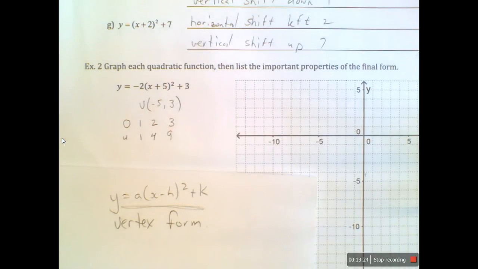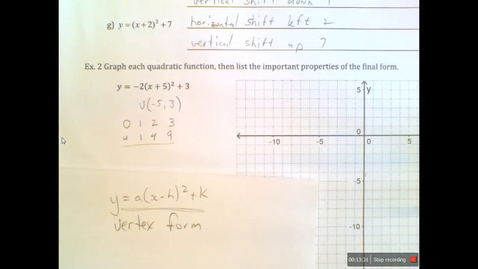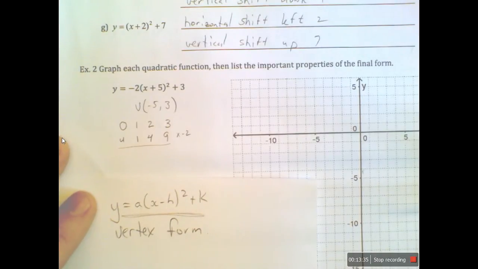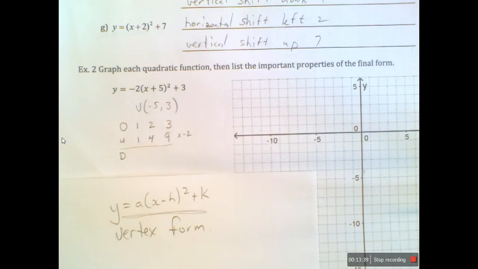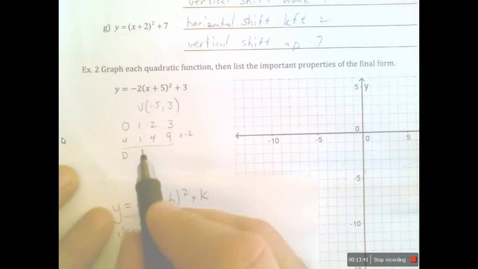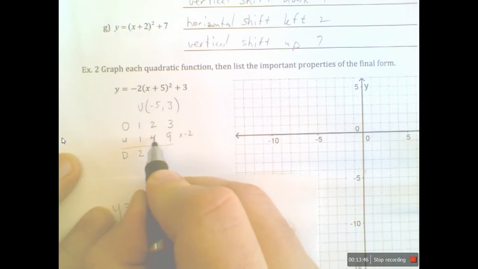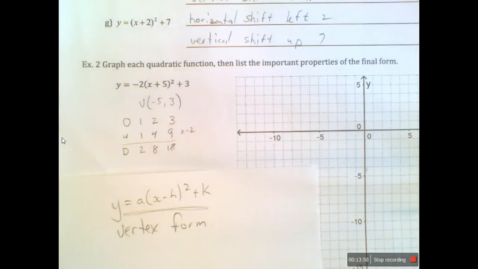That's the standard one. We always start with that. Okay, but for my graph, I have to multiply all of those by negative 2. We saw that yesterday. So I end up going down. Don't say up by a negative. That's really confusing. It doesn't make any sense. So down, 1 times 2 is 2. 4 times 2 is 8. 9 times 2 is 18.